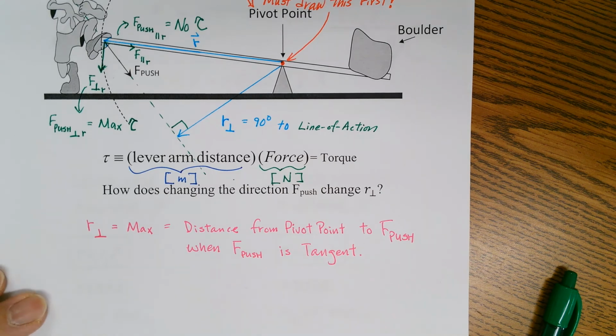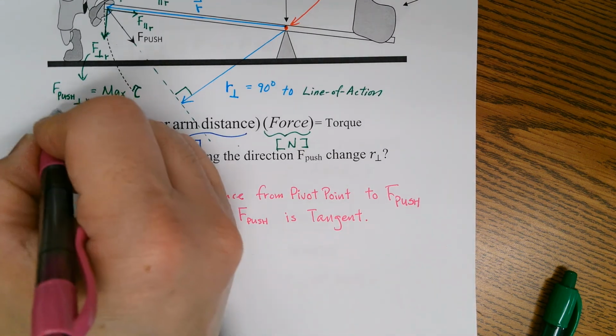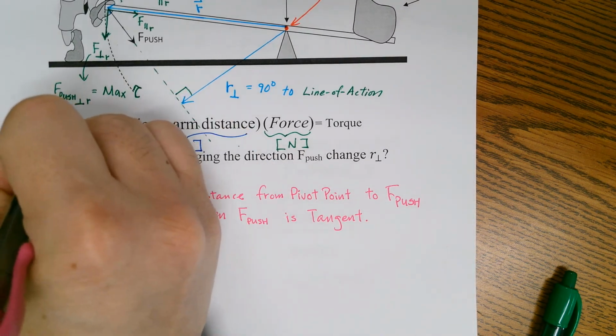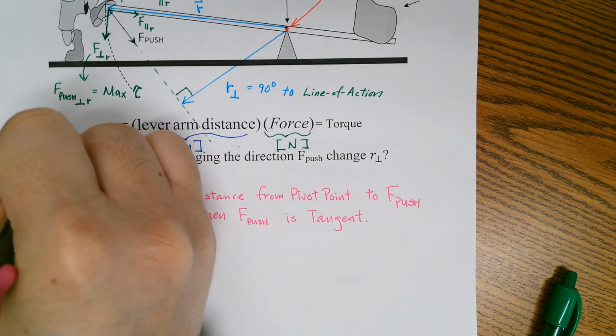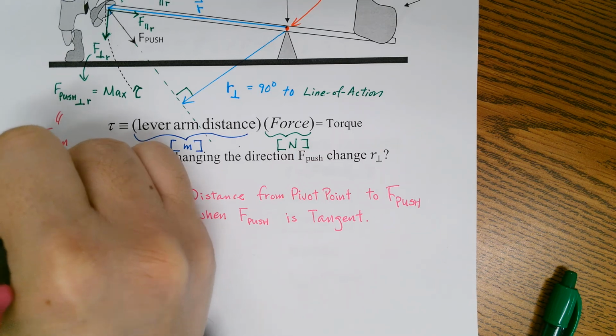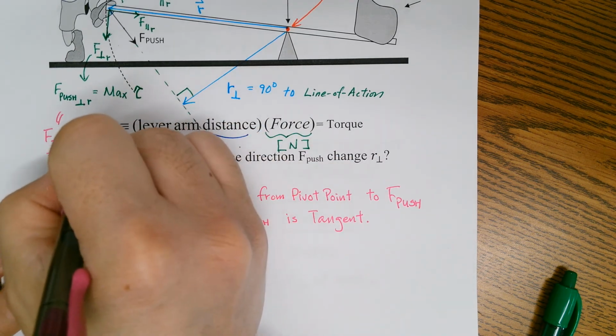Okay? So you'll get the maximum torque this way. So F tangent to the arc will be maximum torque.